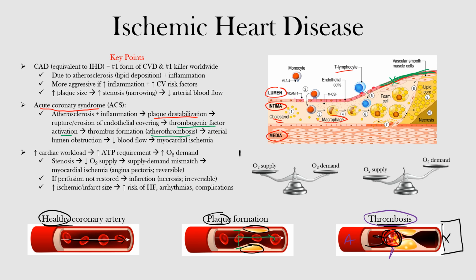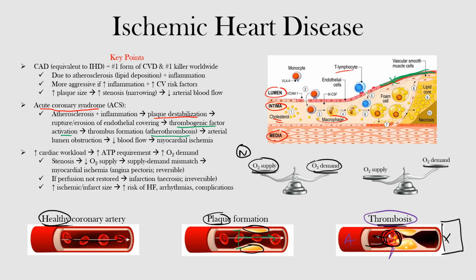Imagine this is the normal circumstance. We have some level of demand, so say you're just walking up the stairs, and there's some demand by you to get enough blood out to the systemic circulation and to the heart, so you don't have these symptoms. Because of that, we have enough supply meeting that demand, so there are no ischemic symptoms.